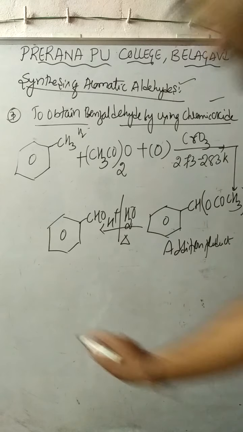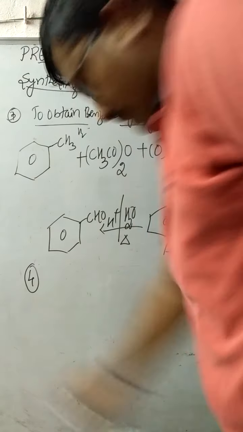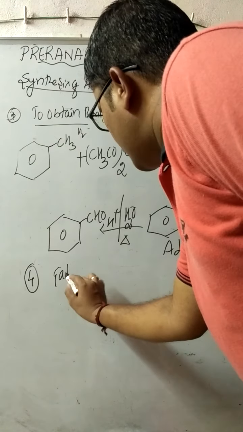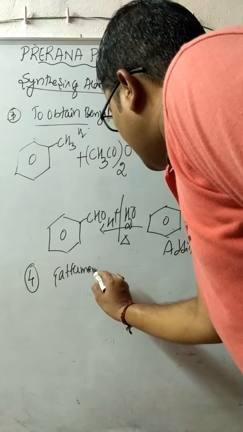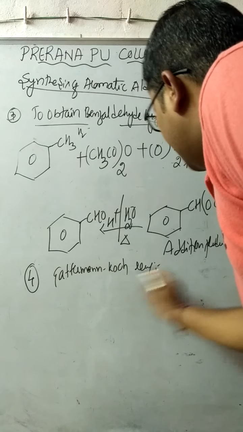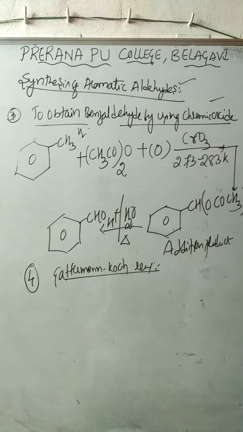the reactant. And the fourth reaction, which is very much important, is called the Gattermann-Koch reaction. And this Gattermann-Koch reaction is a named reaction. So the concept tells that this Gattermann-Koch reaction explains that benzene should be dissolved in ether medium, or benzene in ether solvent, both are same.